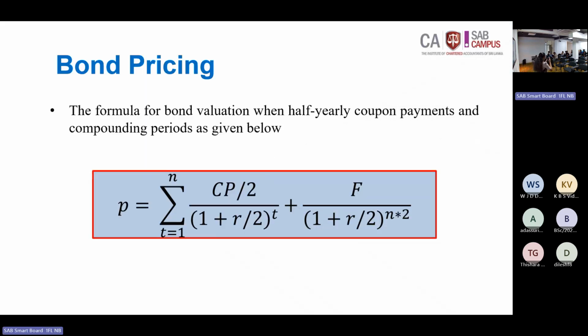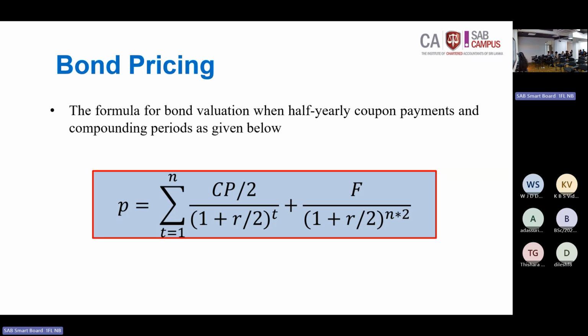Now, if it becomes a semi-annual coupon bond. Previously, we discussed annual coupon bonds, where the coupons are paid annually. If it becomes a semi-annual coupon bond, how can you measure it? The technique is, now we are getting coupon payments twice a year, so the coupon payment should be divided by 2. Interest is also received two times, so r is divided by 2.